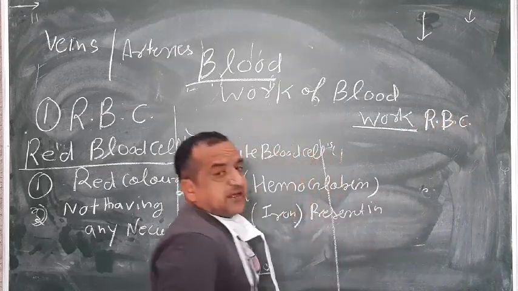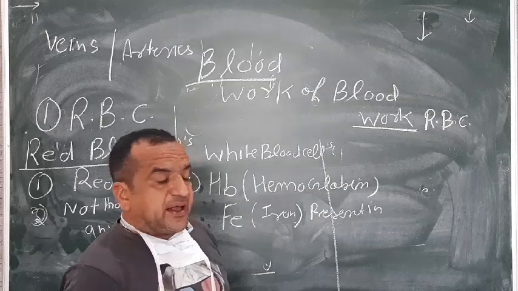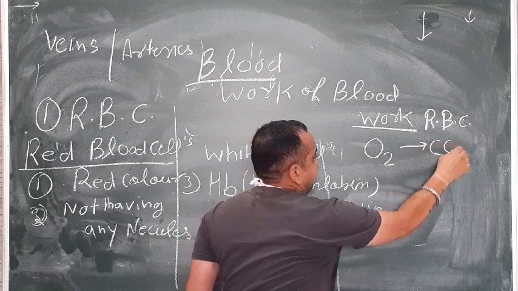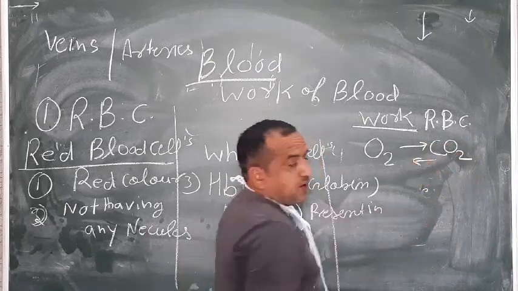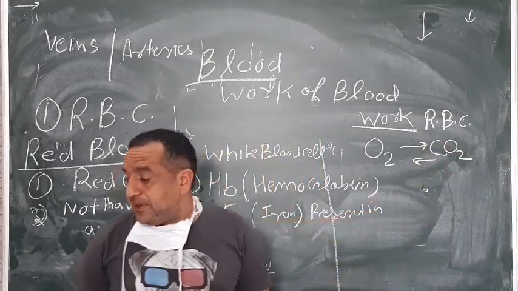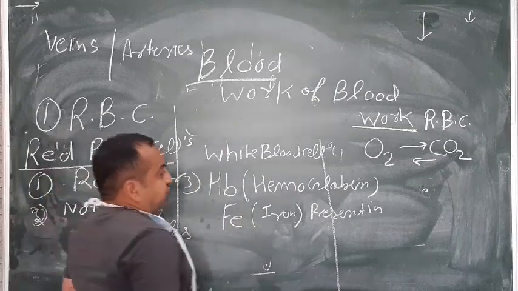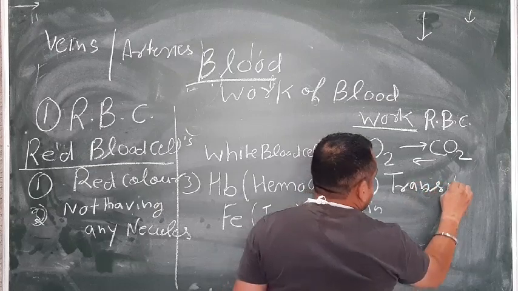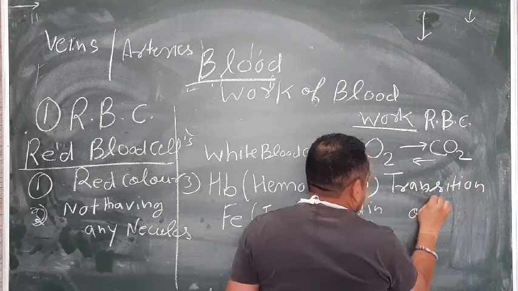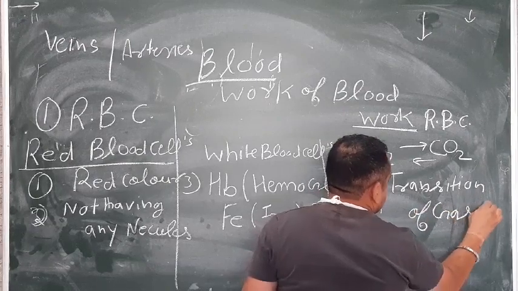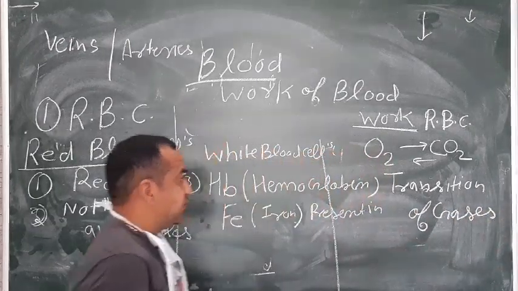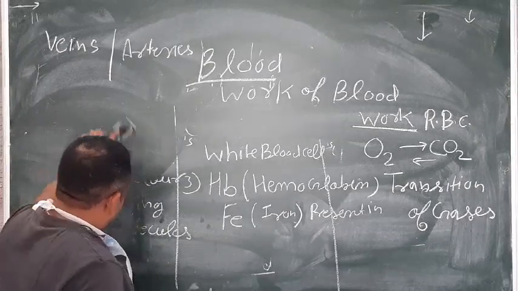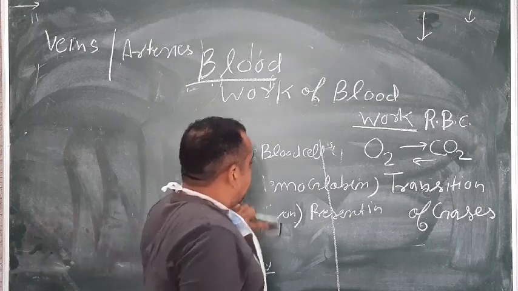Now, what is the work of RBC? We studied in the last classes that blood's main work is the transport of gases, oxygen and carbon dioxide, O2 and CO2.